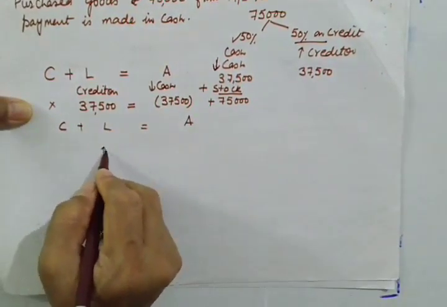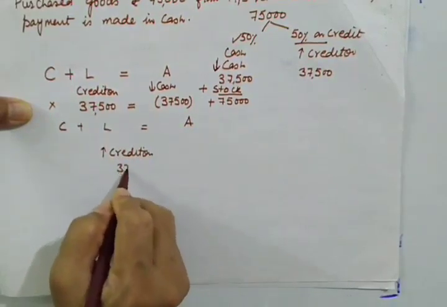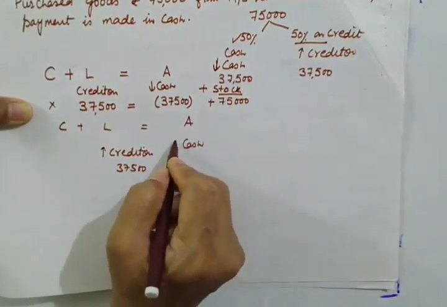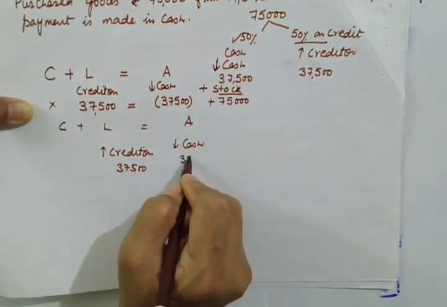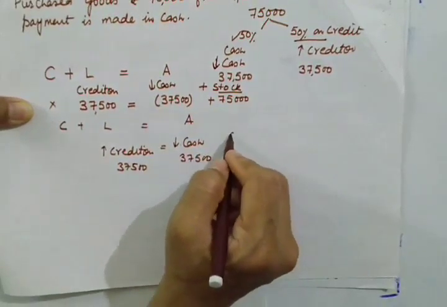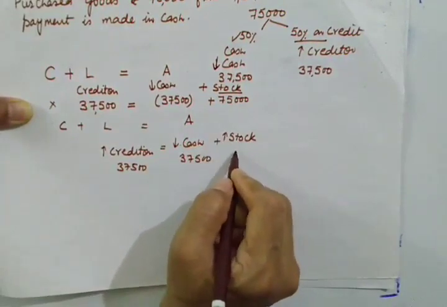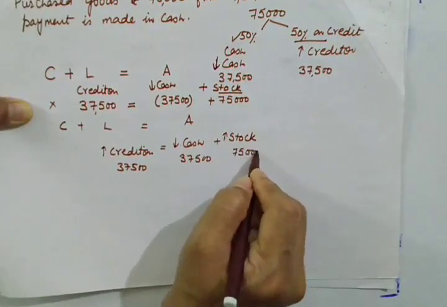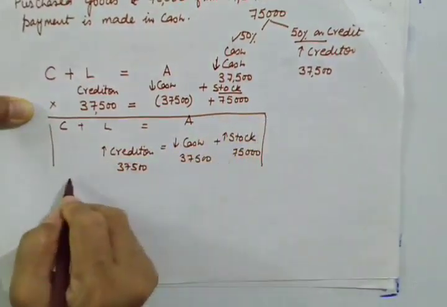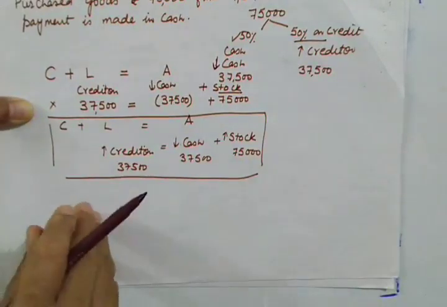It will increase your creditors by 37,500 and it will decrease your cash by 37,500 on the right hand side, and it will increase your stock, added to stock 75,000. So this is the impact of this particular transaction. I hope this is clear to you.